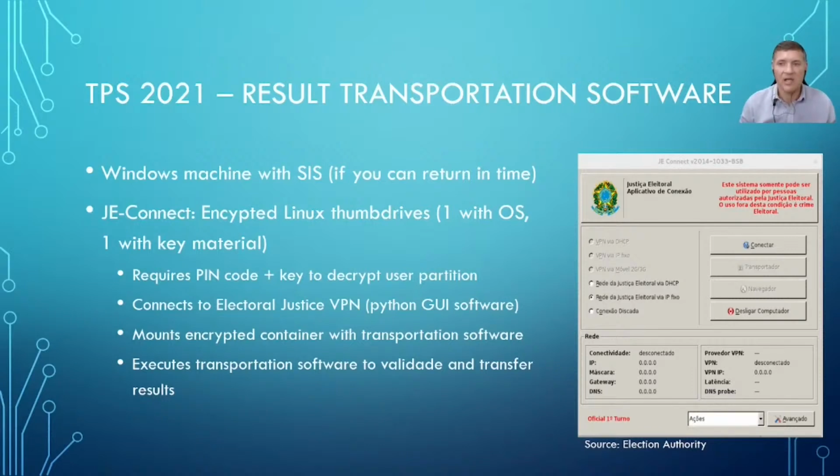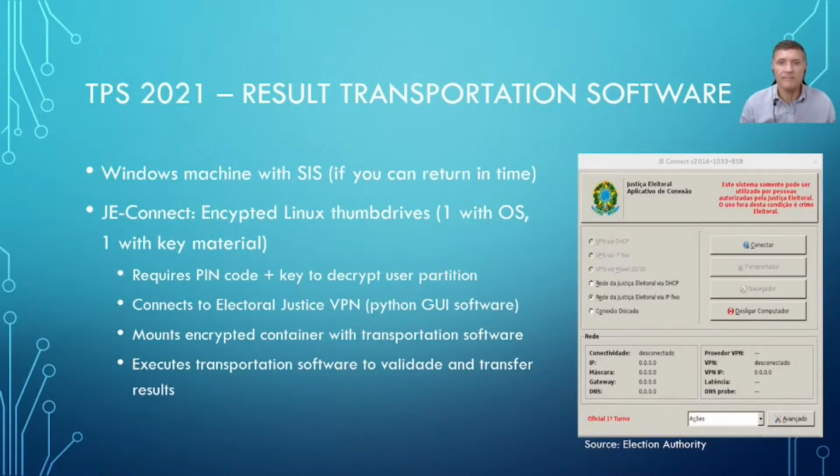The user has no other access to other software or any shell on the system. With the VPN connected, a container with the transportation software is decrypted and mounted so that the transportation program can be run. This program validates and transfers the results from one or more voting machines to the totalization system.